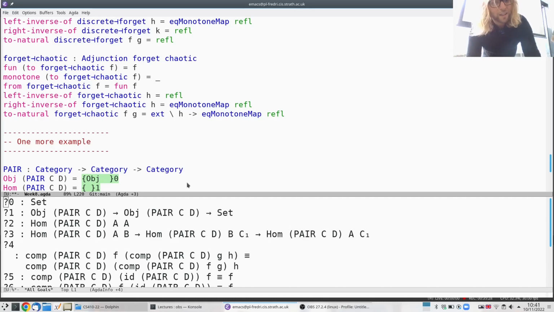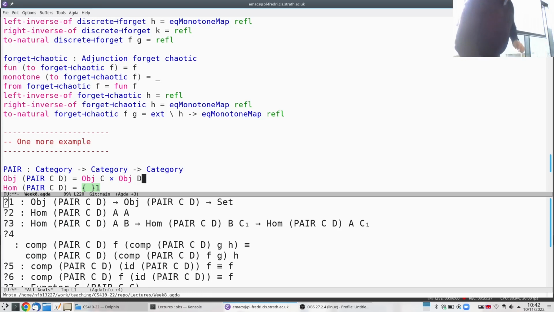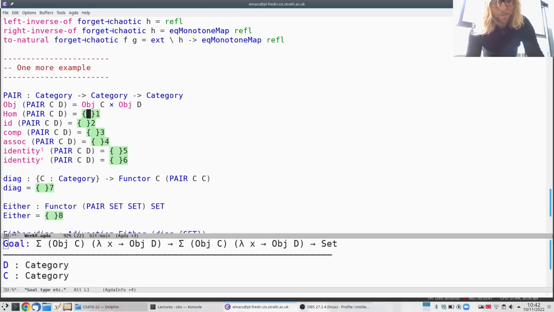Right? So here I'm saying that an object in my new category should be an object of C together with an object of D. That was the idea I had. Right? I want to have functors that take two arguments, so I'm just making a category that packages this up as one argument. Right? And what should be a morphism between two of these things?